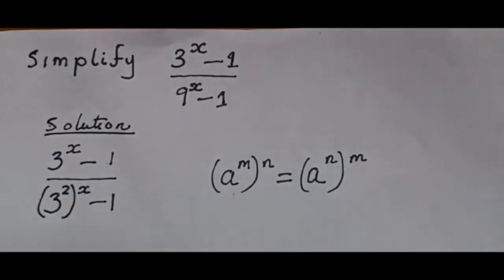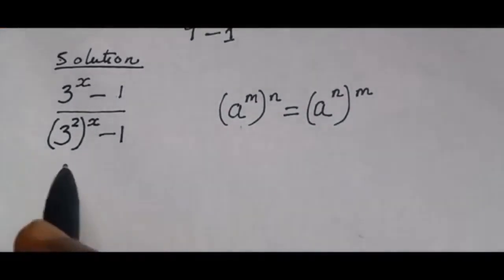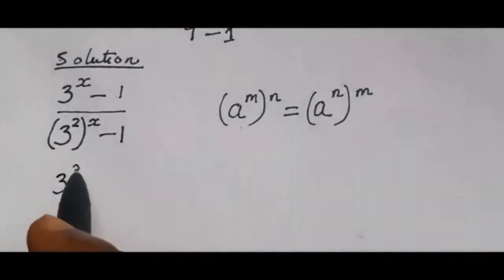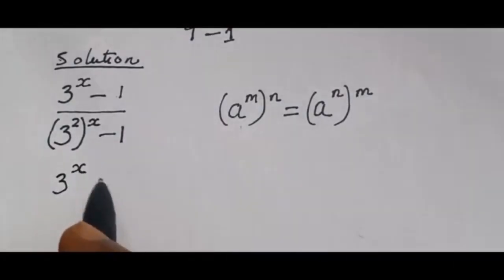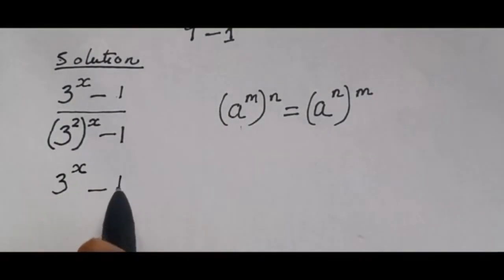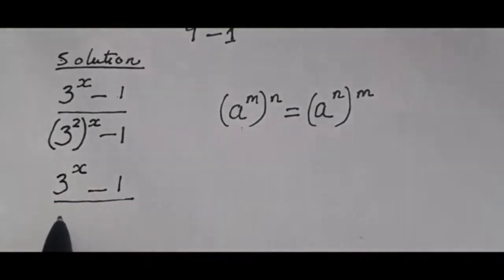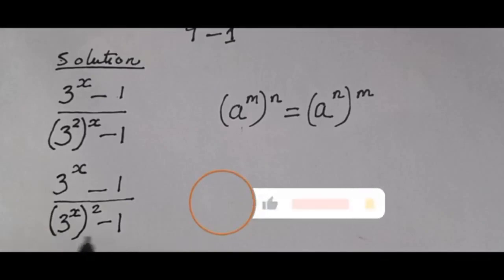So we have 3 raised to power x minus 1 over 3 raised to power x in the bracket raised to power 2 minus 1. This is the difference of 2 squares.